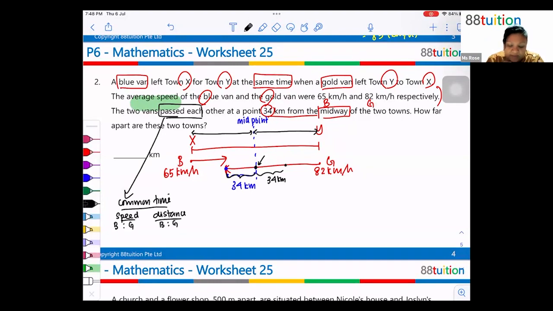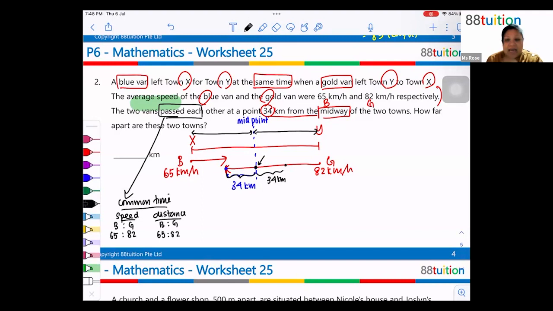So we know that the blue van has a speed of 65, whereas the gold van has a speed of 82. Can I simplify this further? Am I able to simplify 65 is to 82? Can or not? Cannot. So the distance covered will also be 65 is to 82.